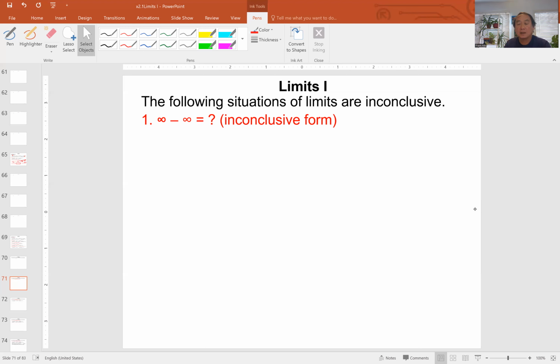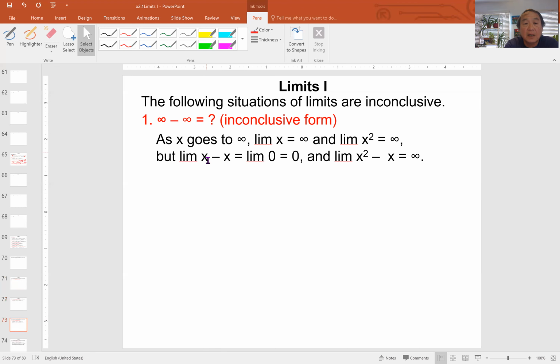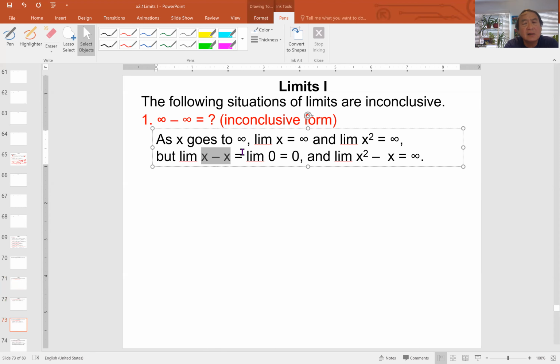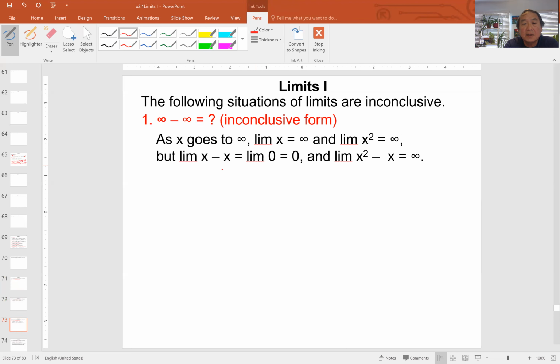There could be anything. Here's an example. When x goes to infinity, these are obviously true. But if I subtract x minus x, that is 0. And x squared minus x is going to be infinity.